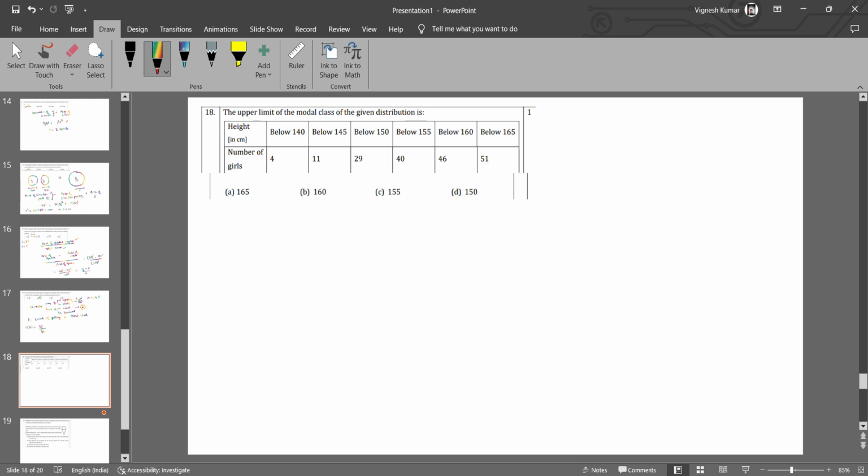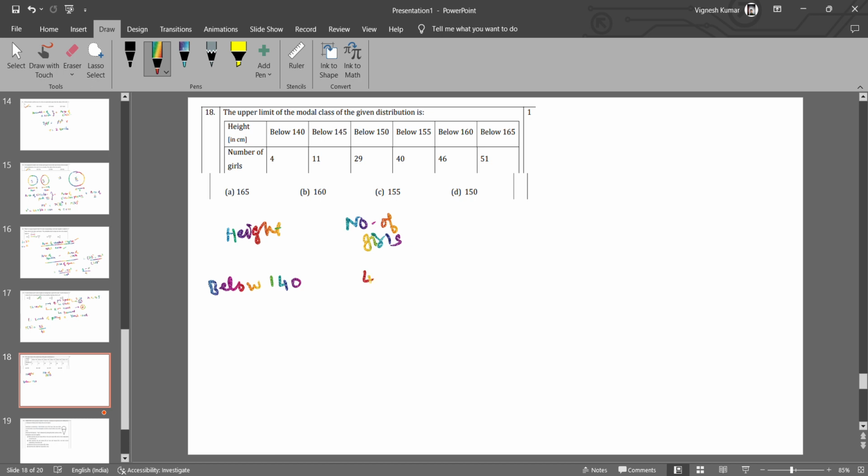Okay. Next we have a very interesting question from statistics. Instead of giving you the class intervals, they have given it in this form. So let us see how we can solve this question. Let me rewrite this table for our convenience.